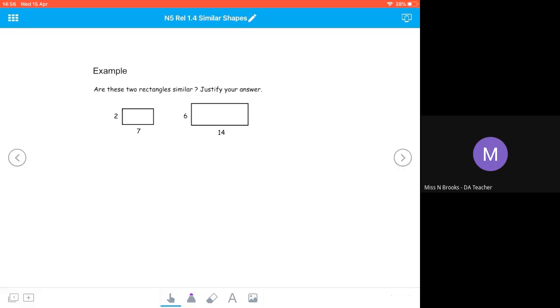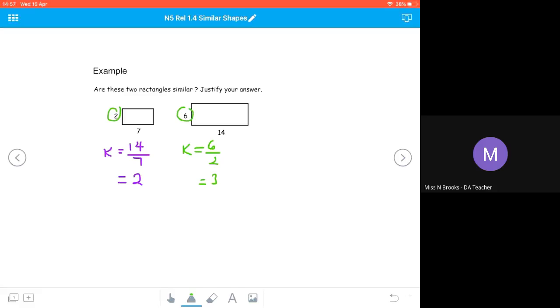So we're going to work out K for the big one over the small one. And we're going to get a scale factor of 2 for the bottom edges of our rectangle. Now, if we look at the sides, so let's change the color, these are the corresponding sides. And so K for these corresponding sides is, again, we need to do the same way round, 6 over 2, and that equals 3.